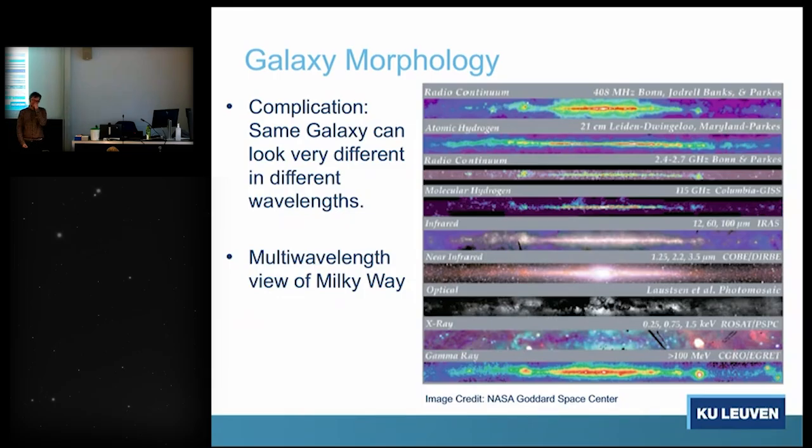That is, the intervening dust particles absorb or scatter the optical light coming from the bulge out to us, so we don't really see it. That's interstellar extinction. But in the infrared, they're not very efficient absorbers, such that we can actually see a very visible bulge here.